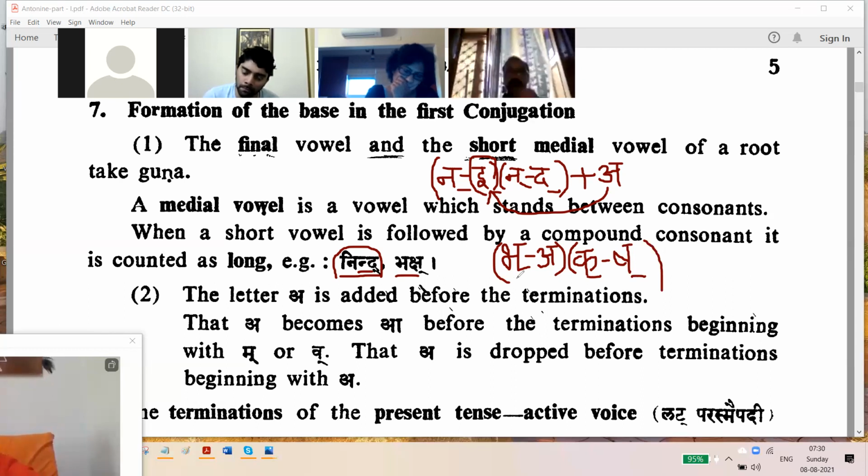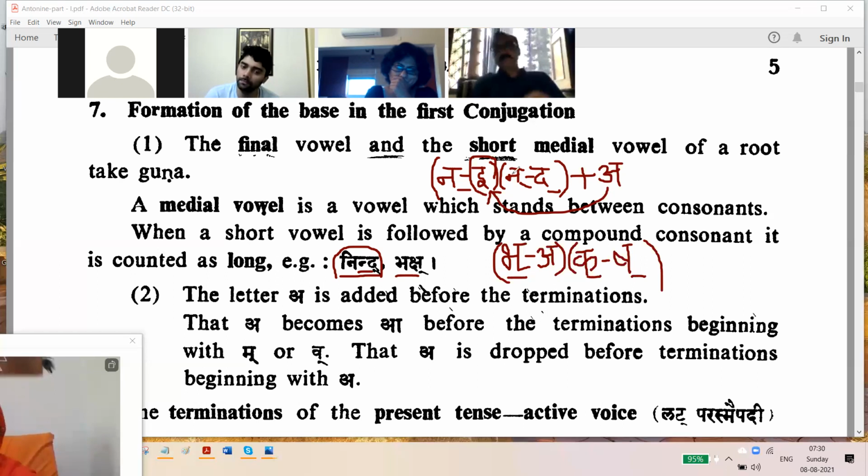So here also this ikara cannot take guna, because there is a conjunct consonant between this vowel and the akara. So no guna takes place.